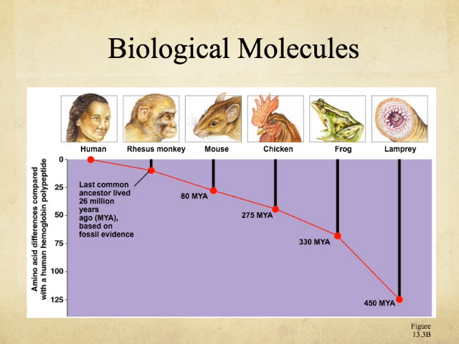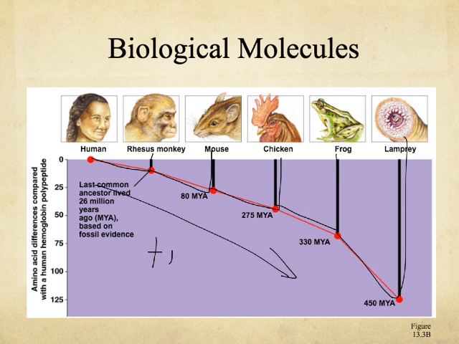And what you can do is take these differences and build an evolutionary tree. We're talking time here. You can see 450 million years ago, there was a mutation that led to two different branches on this family tree. One led to the lamprey, and the other eventually led to the human.